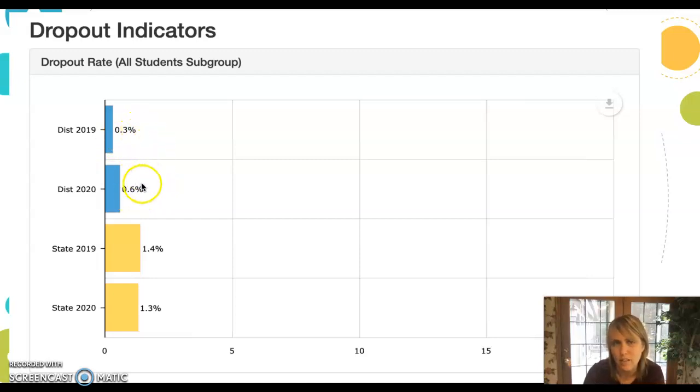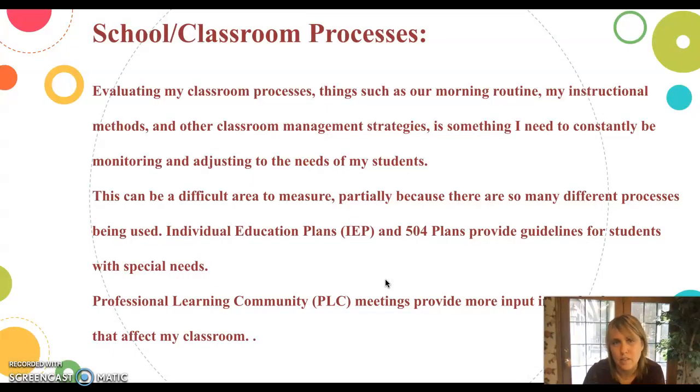And I know that doesn't sound like much, but to me, that's a couple of students there, a couple of kids that I know that dropped out, twice as many in 2020 as in 2019. And that worries me and that saddens me. And it's something I think that we need to be looking at. It doubled. So just something to think about.